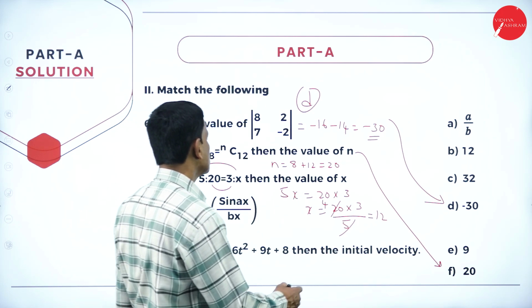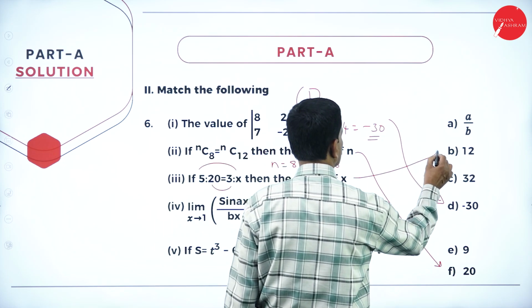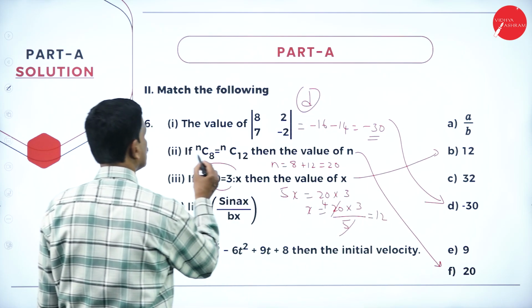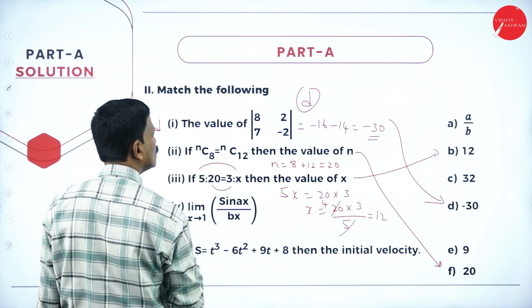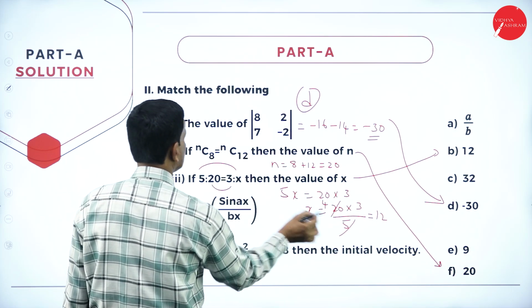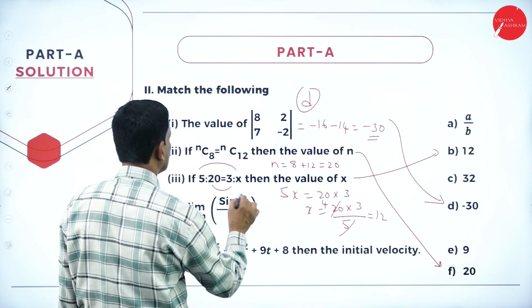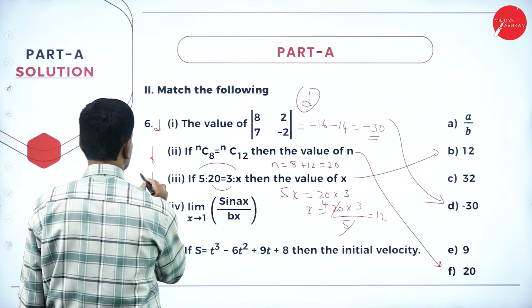So the answer for this is 12. So the first answer, for A, is D. Then for the second one it is F, and for the third one this is B.